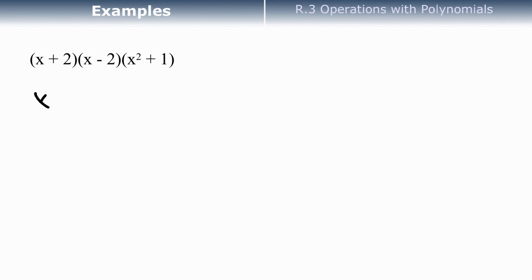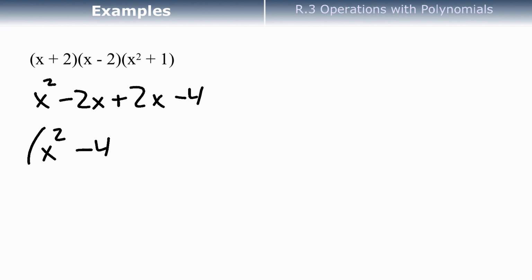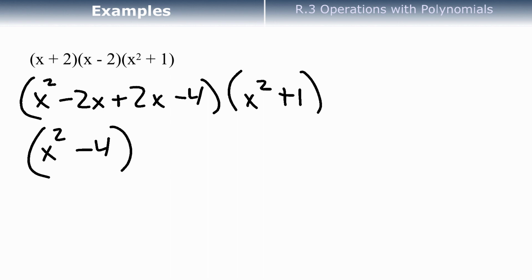X times x, x squared, x times negative 2, negative 2x, 2 times x, positive 2x, and 2 times negative 2 is negative 4. Notice that's a sum and difference. So what's going to happen in here is these two middle ones will cancel, which is nice. So that's what I get when I multiply the first two brackets together.